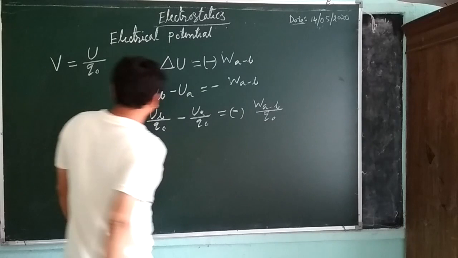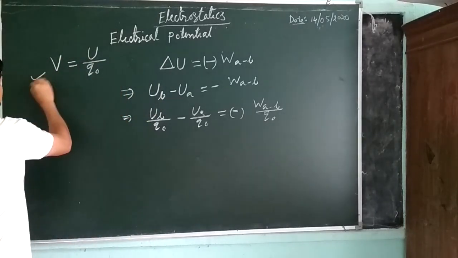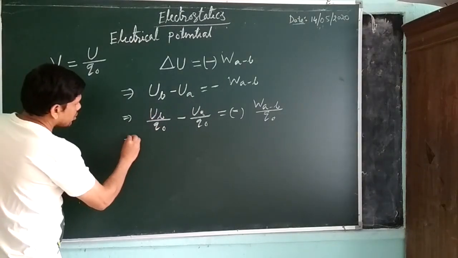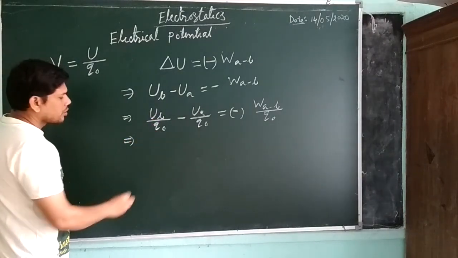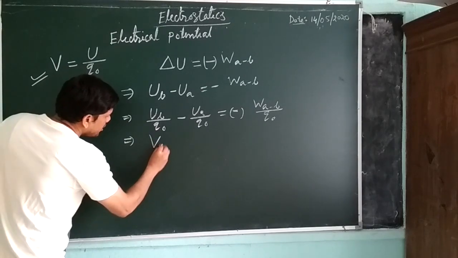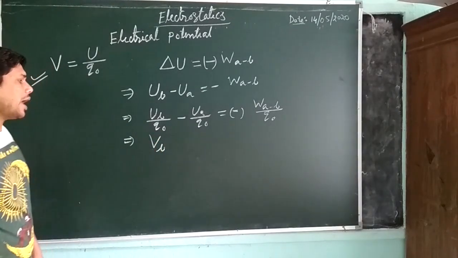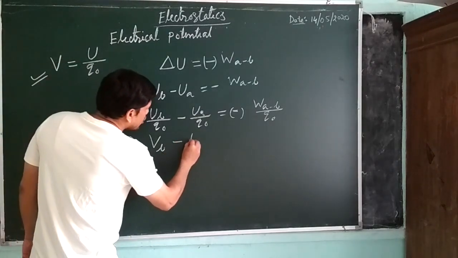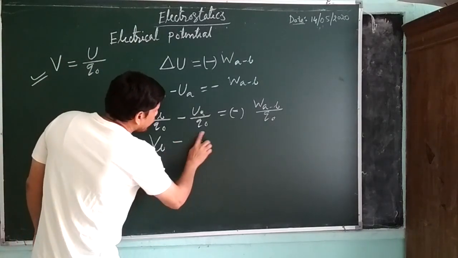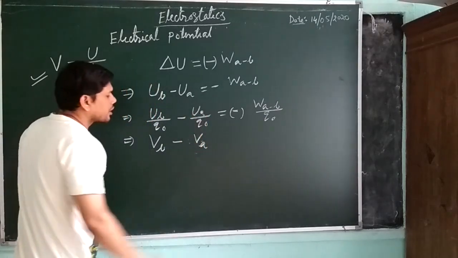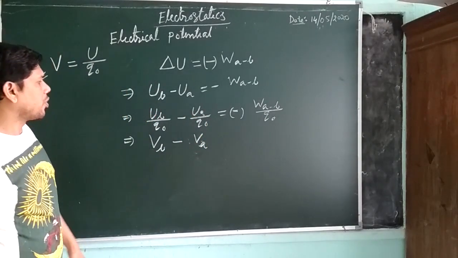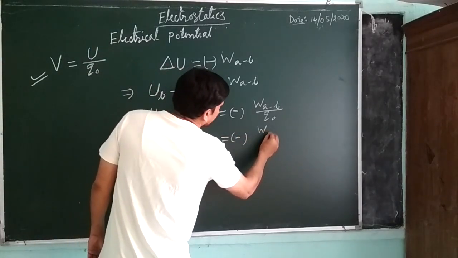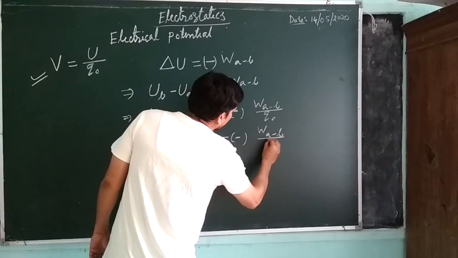Now using the relation V equals U by Q naught, UB by Q naught is VB, the electrical potential at B point, minus VA, the electrical potential at A point, equals minus W A to B by Q naught.